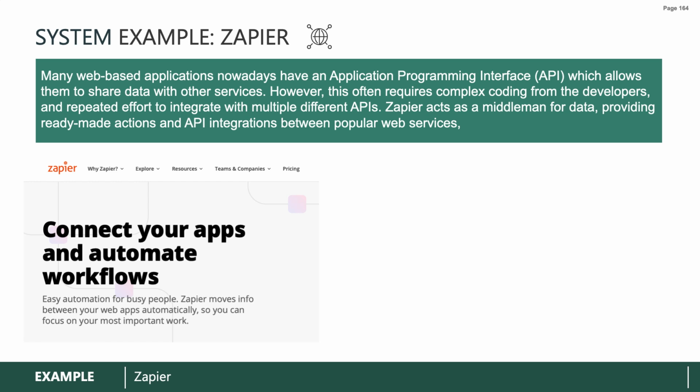Then we have things like systems. Systems are where things interact with each other to create a value proposition. So Zapier, for instance. Zapier is a gateway to be able to integrate lots of different APIs that then allow you to automate various services that don't normally talk to each other.